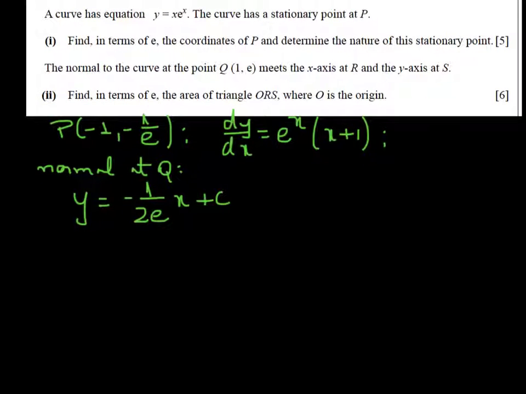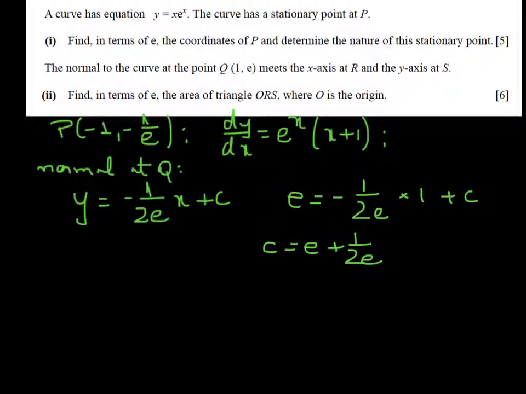Okay, here is what we found before. So point Q is on that line. When y is e, x is 1. Therefore c is e plus 1 over 2e. So the equation of the line is y equals minus 1 over 2e x plus e plus 1 over 2e.